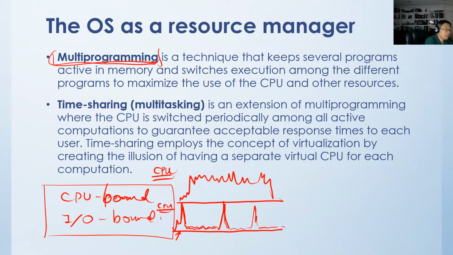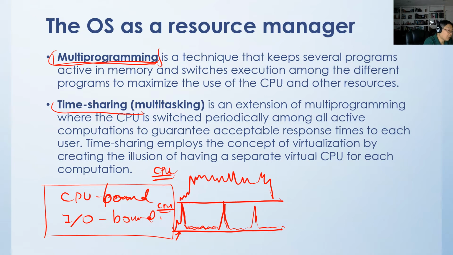Now there's another terminology, called time sharing. Time sharing is actually multi-programming. It's an extension of multi-programming where the CPU is switched periodically among all active computations. Multi-programming basically means one program is using the CPU while the other is waiting, and once the first program completes using the CPU, the other program picks up the CPU and starts to use it.